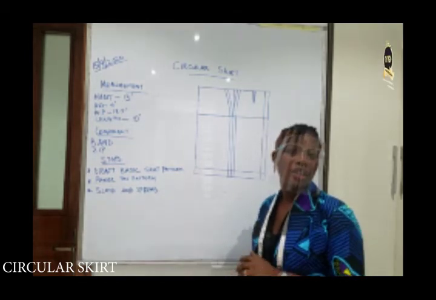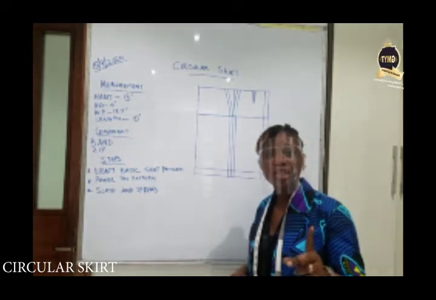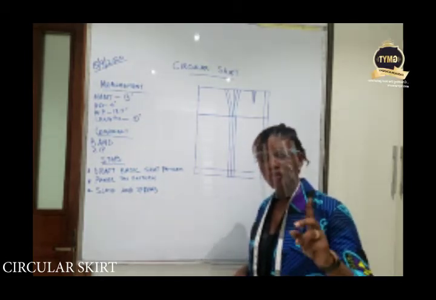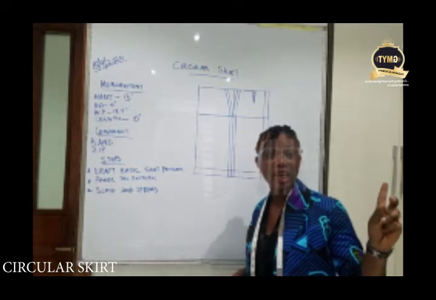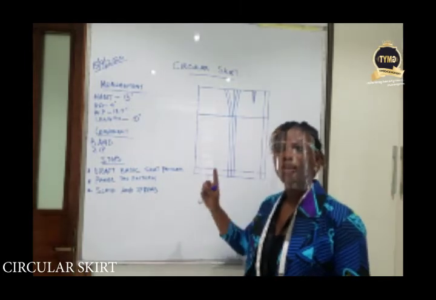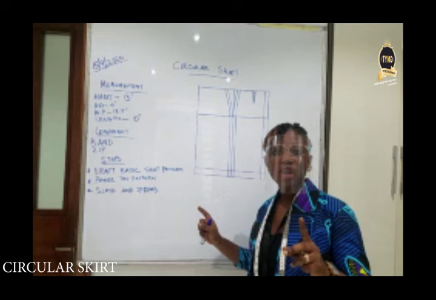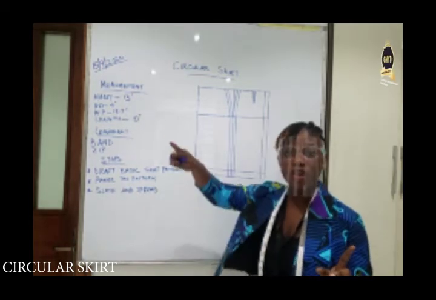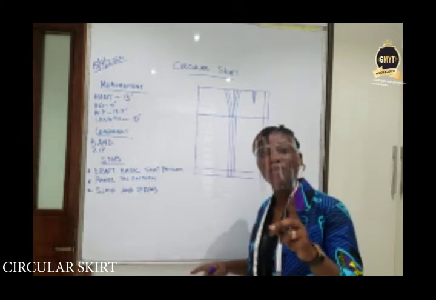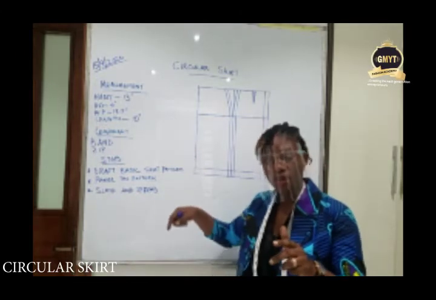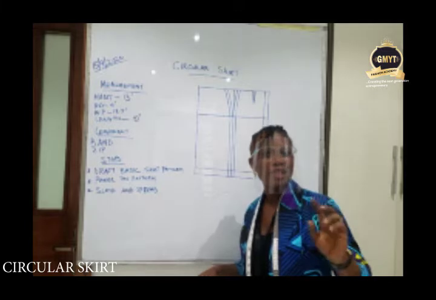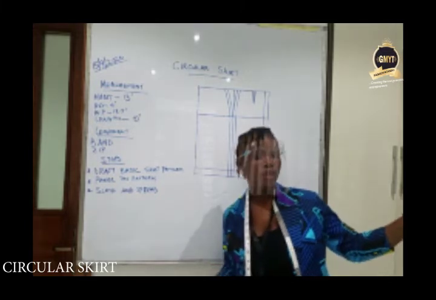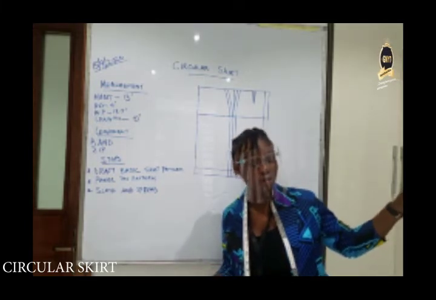So that's just the difference. But you can as well use the same method I used for my handkerchief skirt for your circular skirt. What you are going to do at the end point is to make your hem even instead of leaving it angled to form a handkerchief skirt. So that is that about the circumference method.